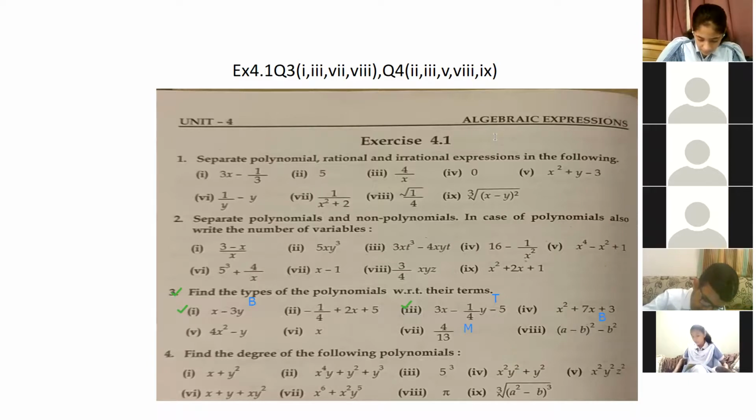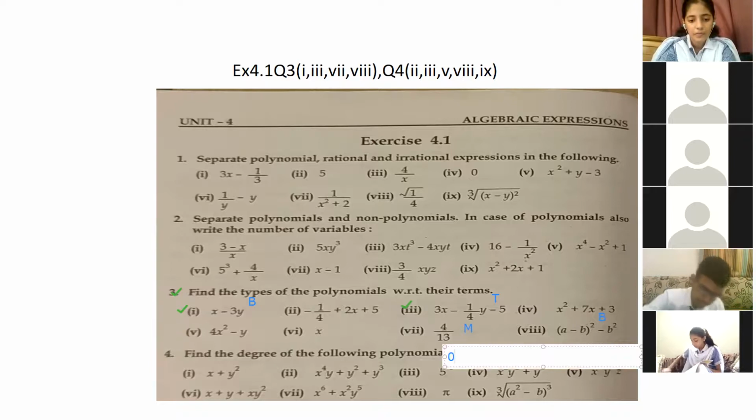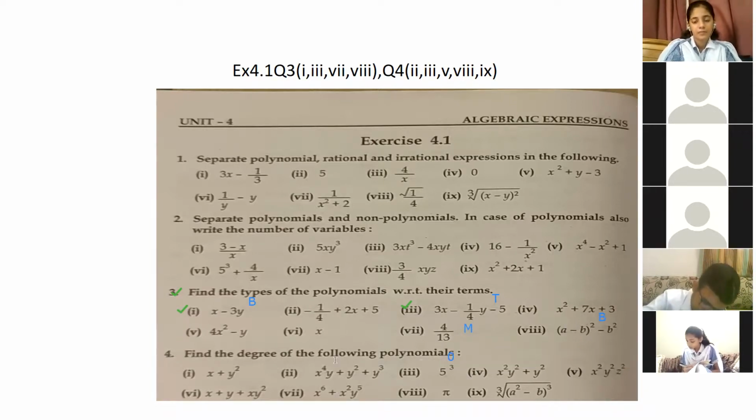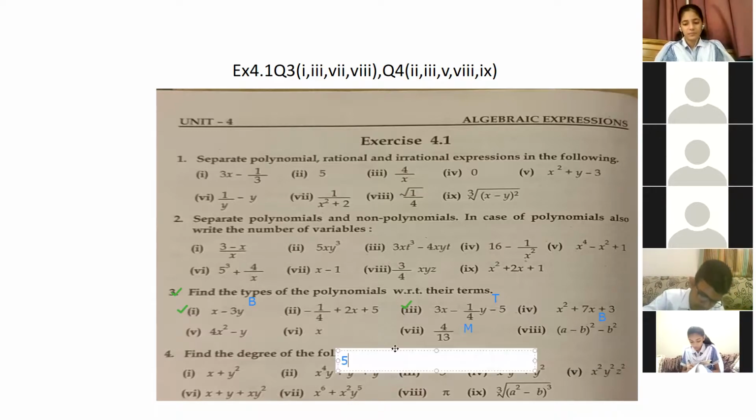Vanya, if there is no variable, exactly. Give me the answer again. 0. Very good, Vanya. So here the degree is 0. Is that clear? And in the first question, the answer given by Sumaya, the degree is 5.